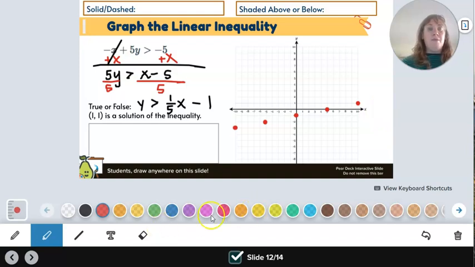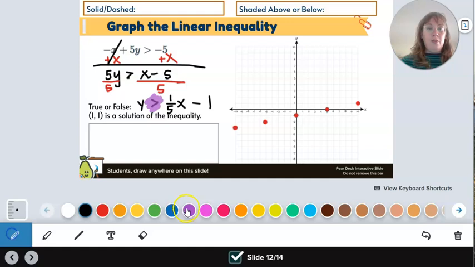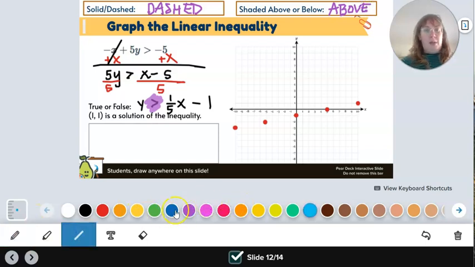Here's our line. The symbol that we have is a greater than symbol, so that means it's going to be dashed since there's no or equal to, and it's greater, so we're going to shade above. So we're going to make this dashed line like so. It does not have to be perfect, especially for the dashed lines. They're harder to do.